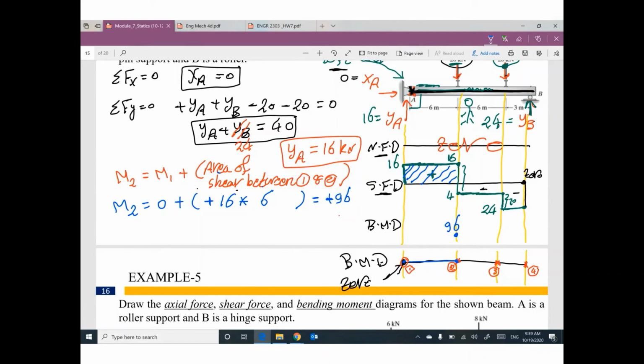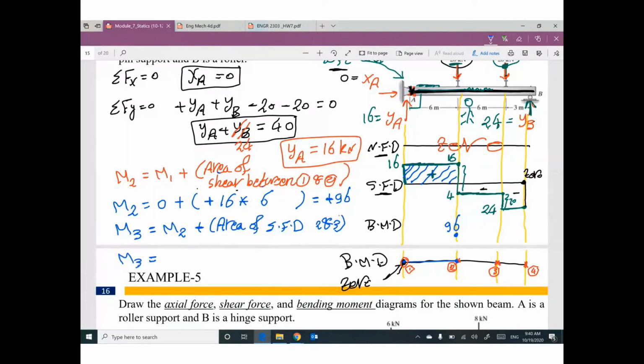Anybody can tell me what is the value of moment at 3? What is the value of moment at 3? It equals the previous moment, which is M2, plus the area of the shear force diagram between 2 and 3. What is the value of M3?